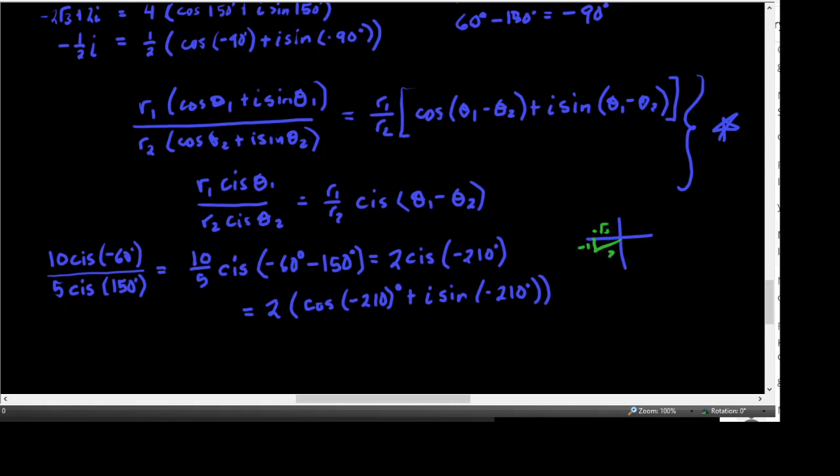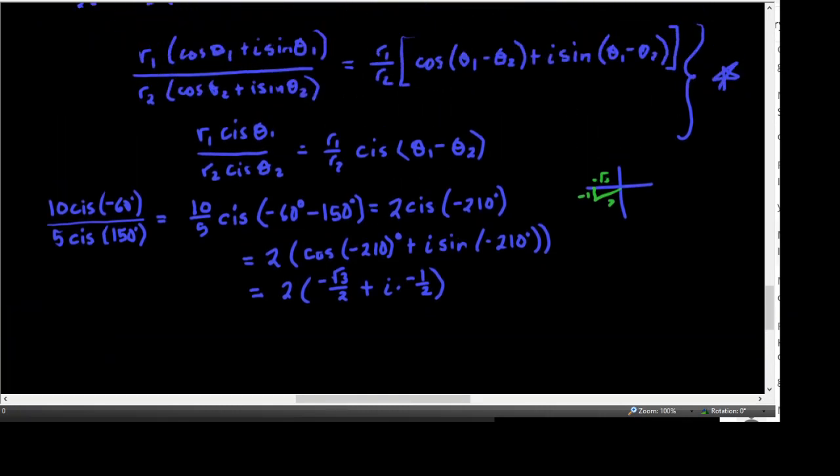That's 2. And so the cosine of negative 210 degrees is negative square root of 3 over 2 plus i times the sine of negative 210 degrees is negative 1/2. Oops, we're at the end of the rope here. And distributing the 2, you get negative square root of 3 minus i.